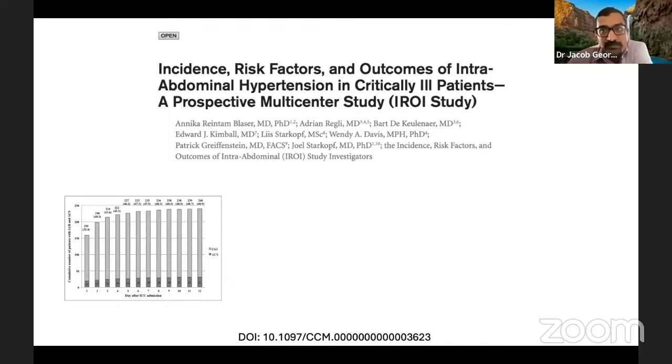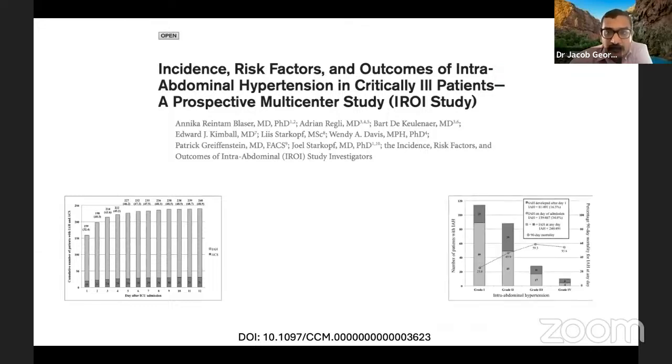This incidence of intra-abdominal hypertension goes on increasing as your hospital or ICU stay increases. By day 10 or day 12, almost 50% of your patients do have raised intra-abdominal hypertension. And it is significantly associated with an increase in mortality. You can see that the mortality goes up as your grade goes up, so grade 3 and grade 4 have a higher mortality than grade 1 and grade 2.